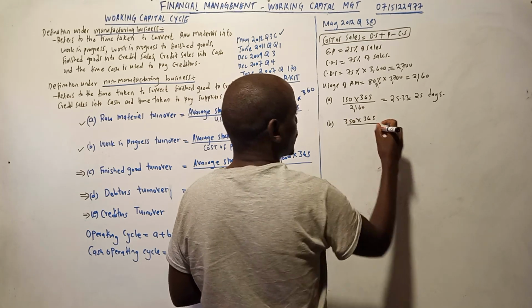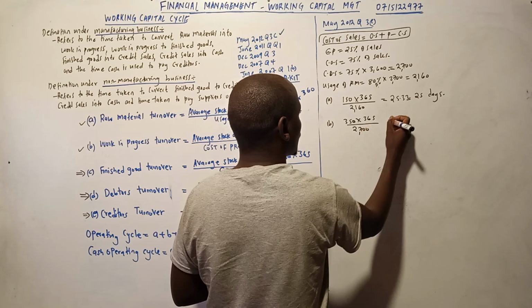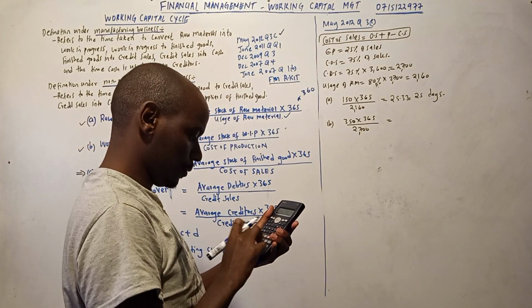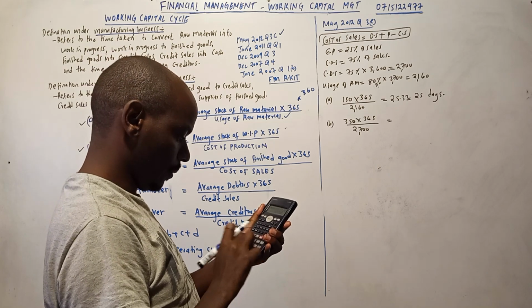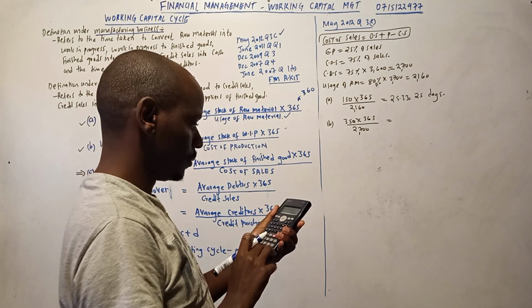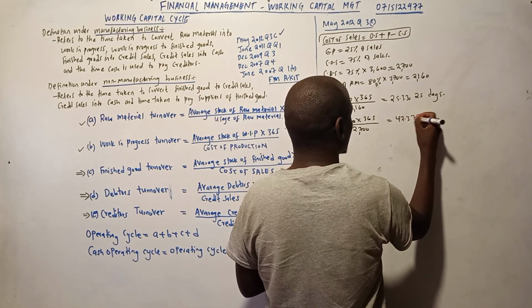There is no cost of production, so we go with the cost of sales, 2,700. So 350 times 365 divided by 2,700, which is 47.3, approximately 48 days.